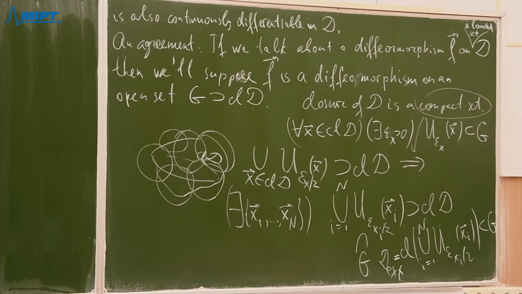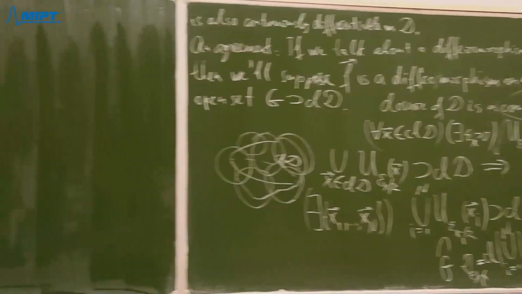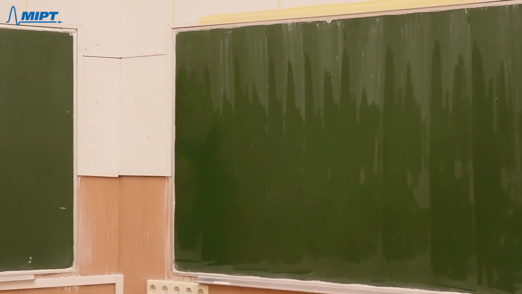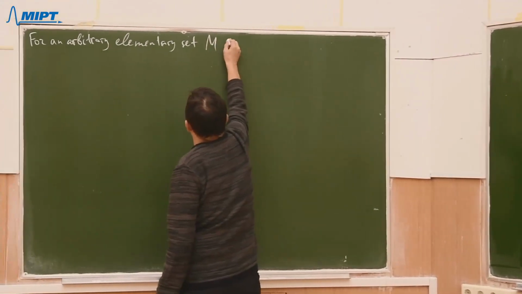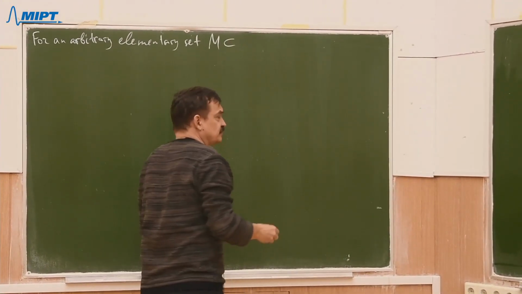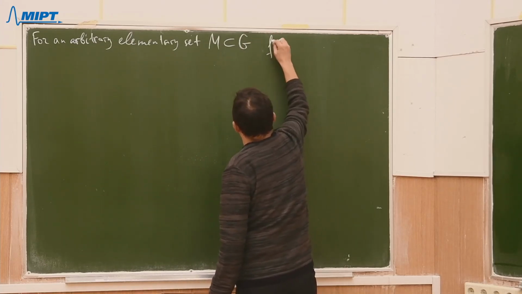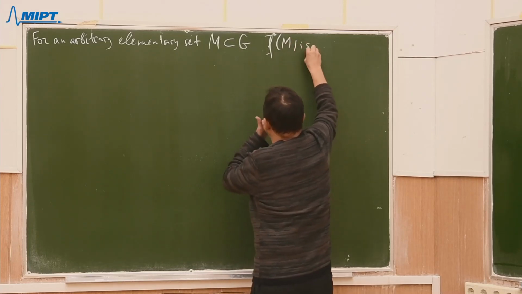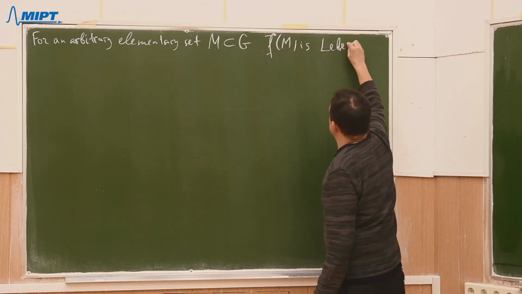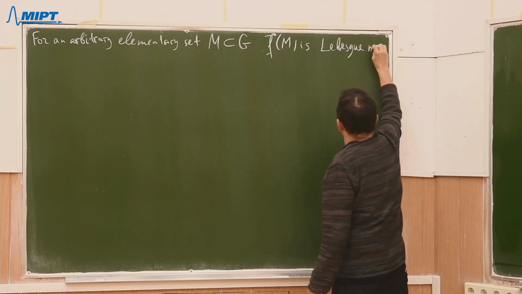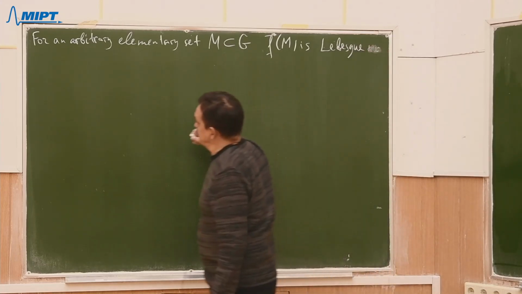So now we know that for an arbitrary elementary set M, in fact even in G, f of M is Lebesgue measurable.